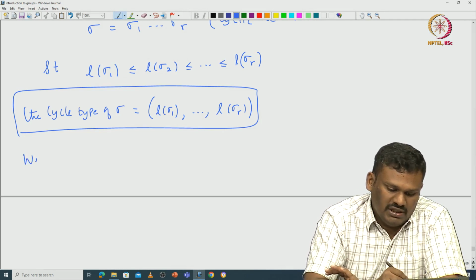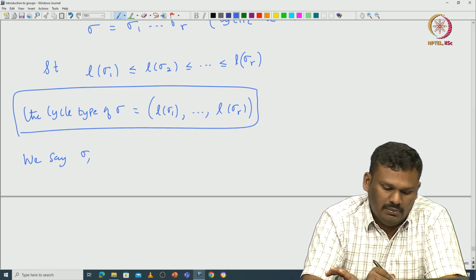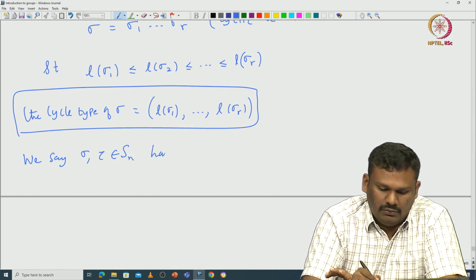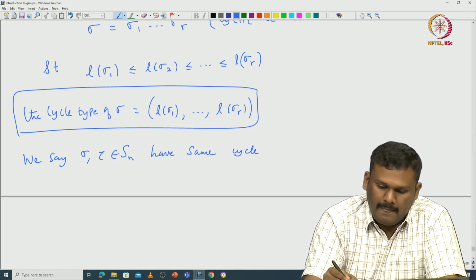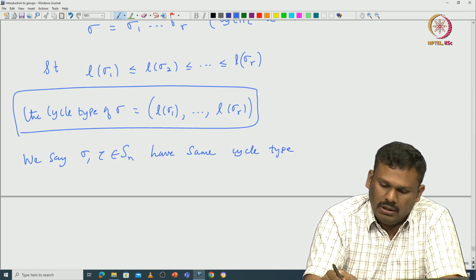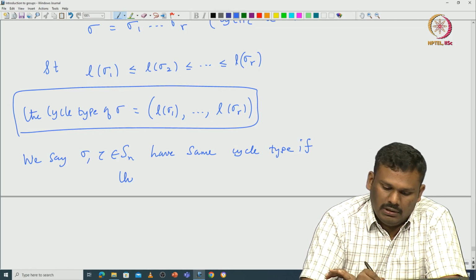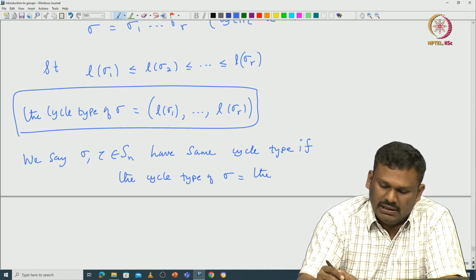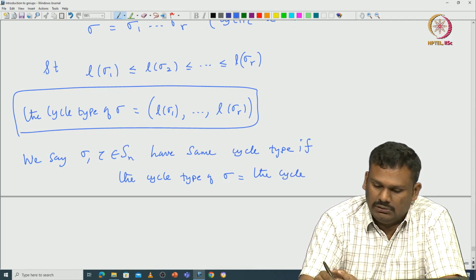So, we say sigma and tau from Sn have the same cycle type if the cycle type of sigma is the same as the cycle type of tau.